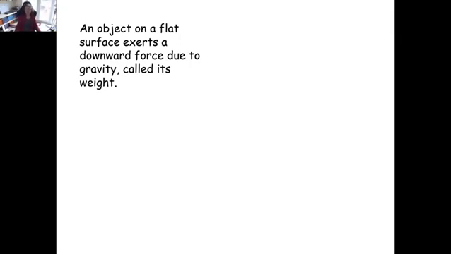So imagine an object on a flat surface. Now you know that that object is going to exert a downward force, and that downward force will be due to gravity, and we call that downward force its weight. So there we have an example of a weight, a box, and that has a weight of 50 newtons.